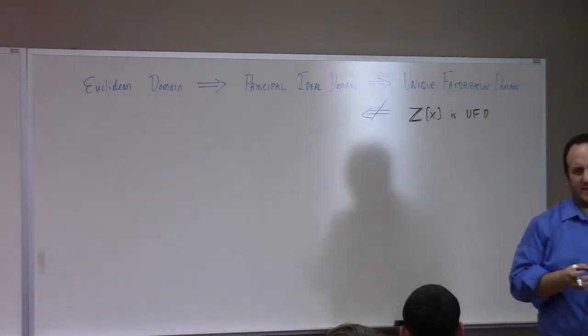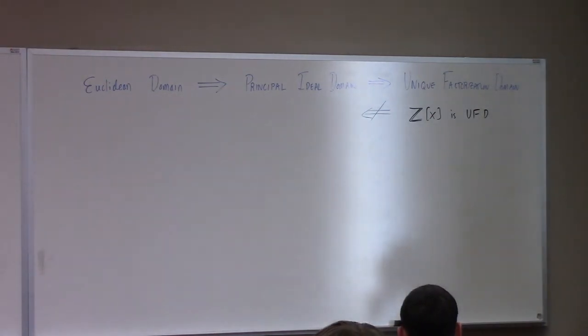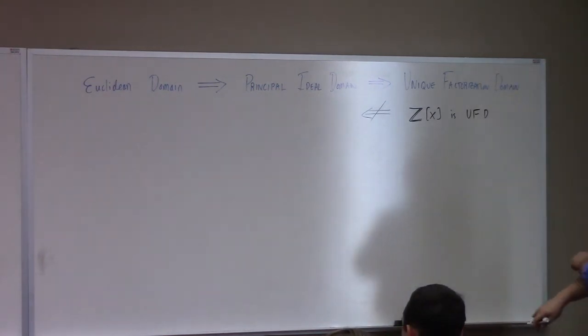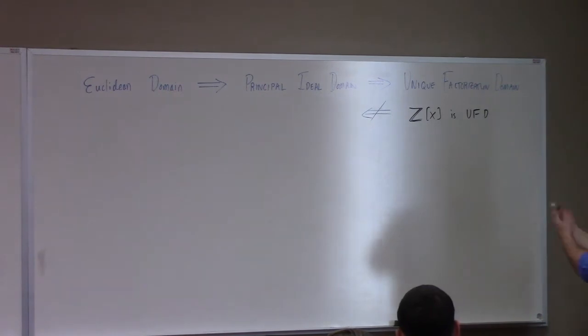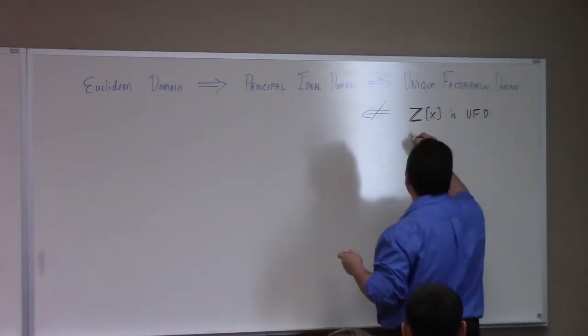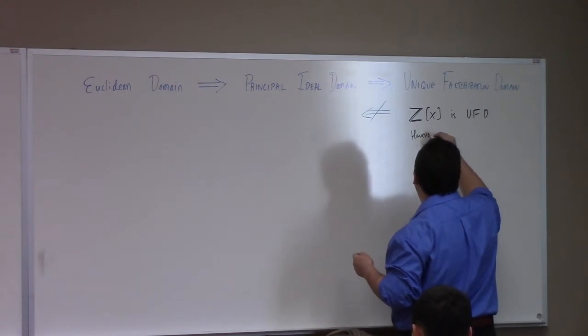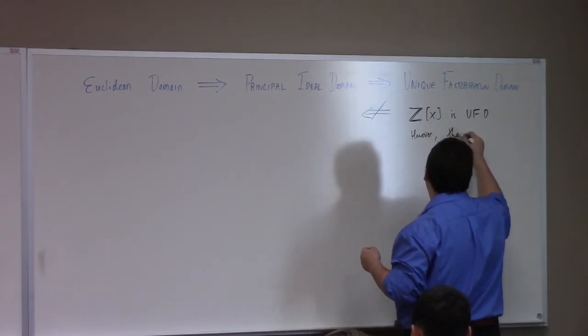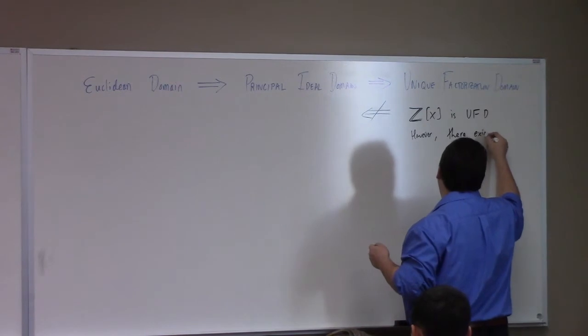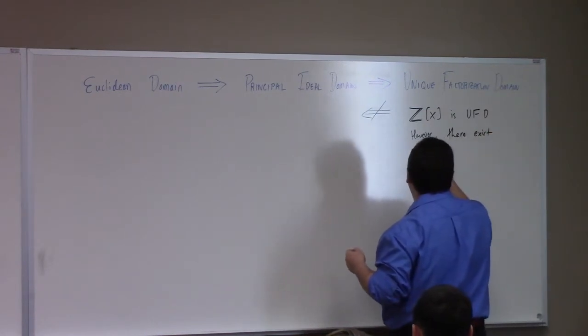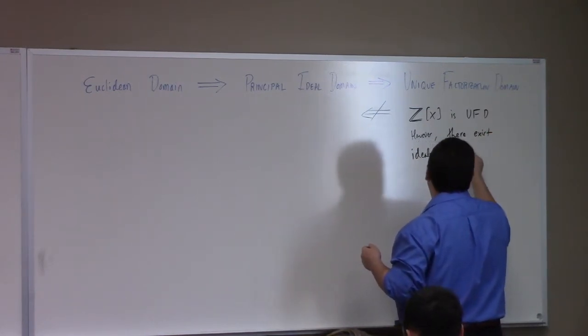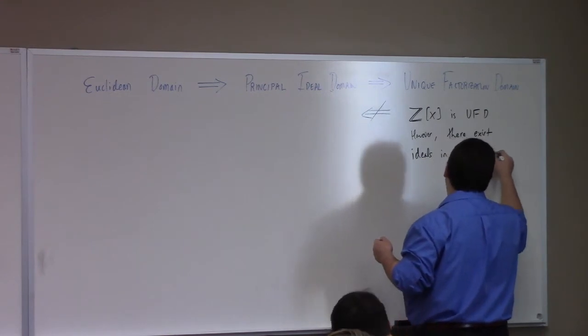I think that is in the book. I don't think I've actually proved that in here, right? But, however, there exist ideals in Z[x] which are not principal.